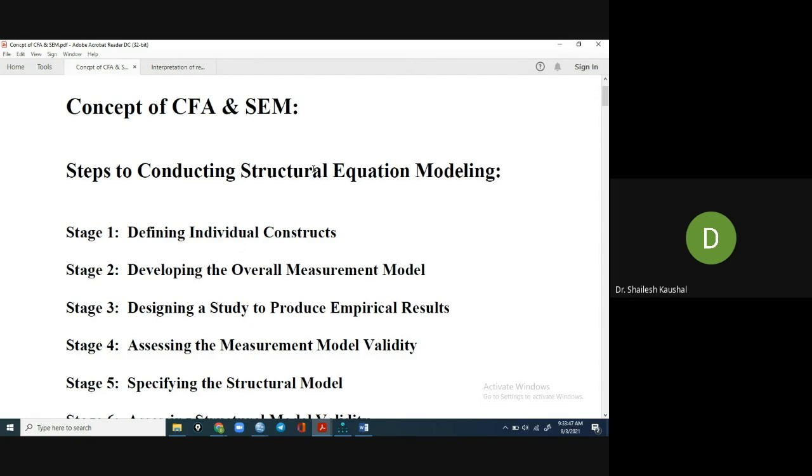First, we find the validity of the measurement model or confirmatory factor analysis, and then test the structural equation modeling. So there are two things in structural equation modeling. One, the CFA, basically it is an interdependence technique, and structural equation modeling is a dependence technique.